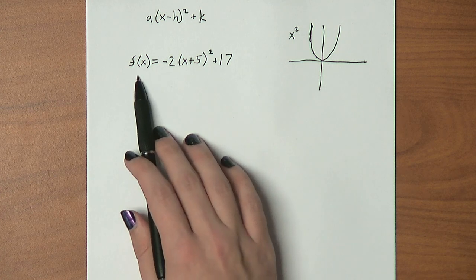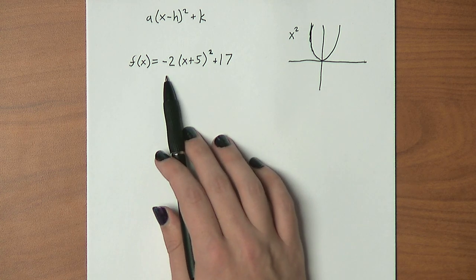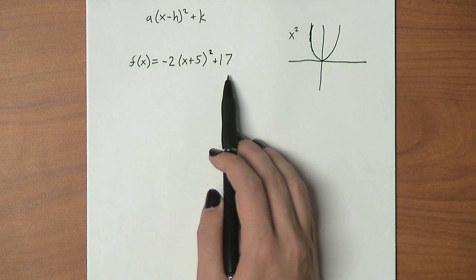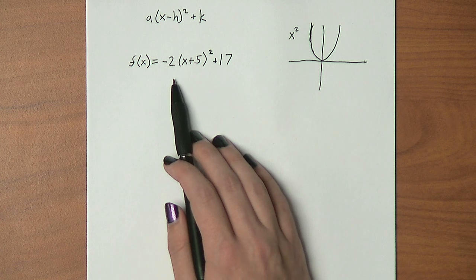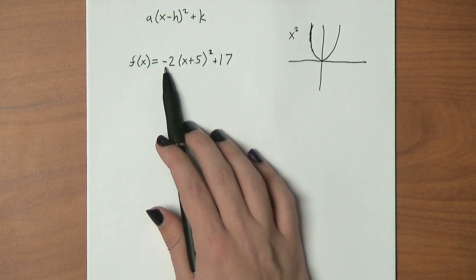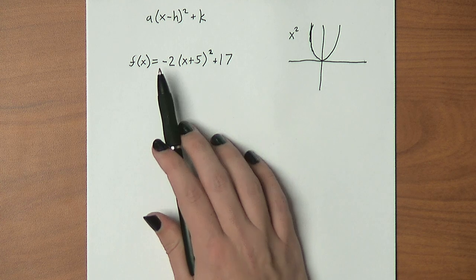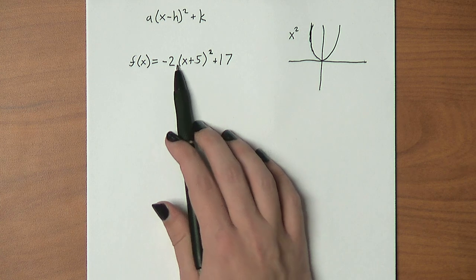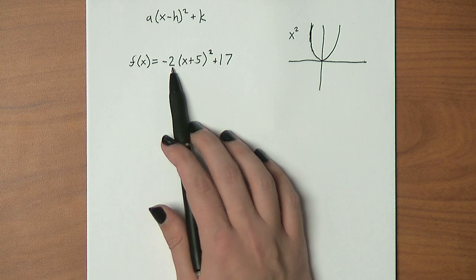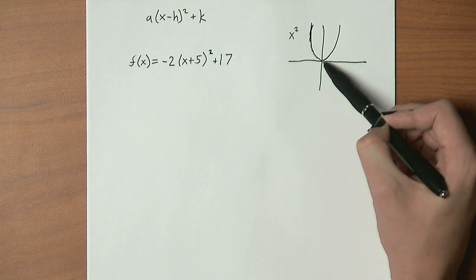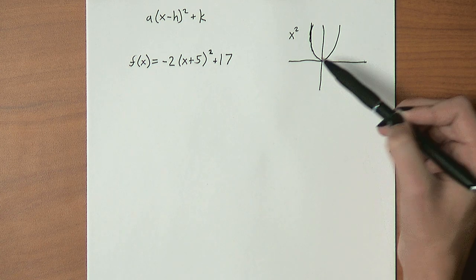So here we have f of x equals negative 2 times (x plus 5) squared plus 17. And I'm going to look at this starting from left going to the right. So first, I want to look at this negative. If this first number is negative, then that tells me that I'm going to take my base graph, the x squared, and I'm going to flip it.